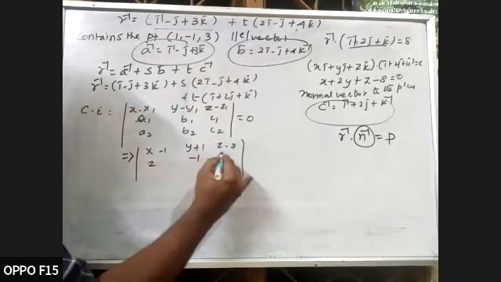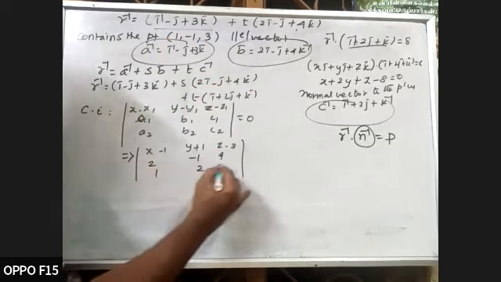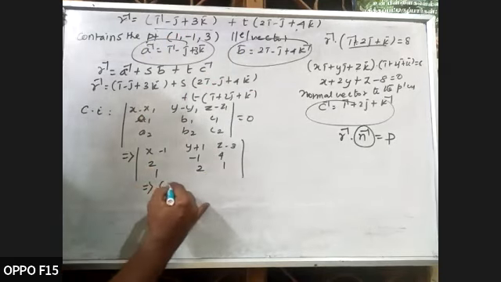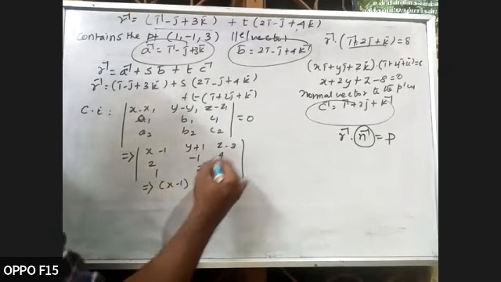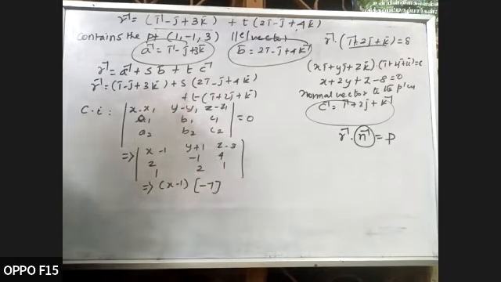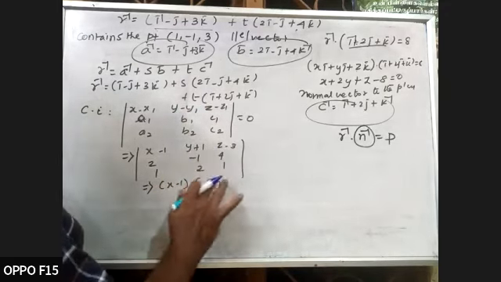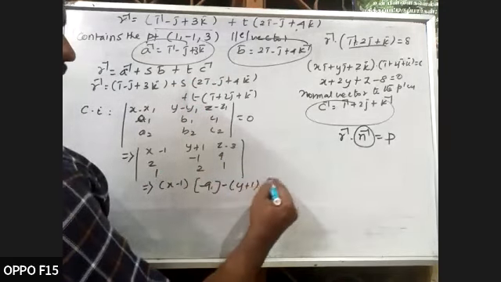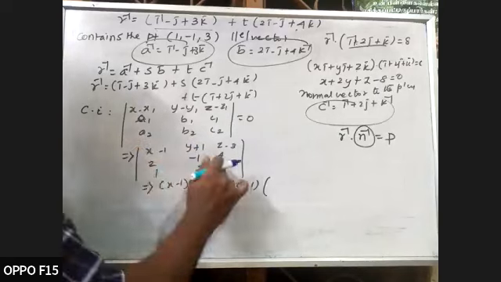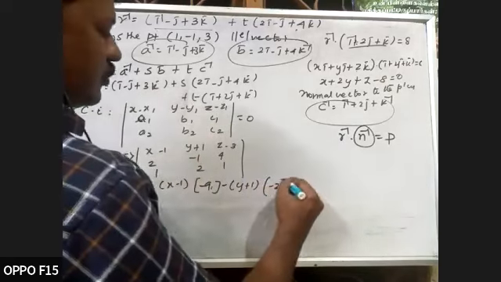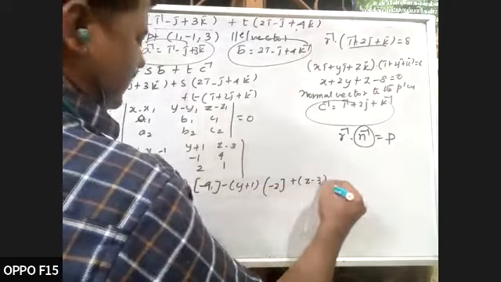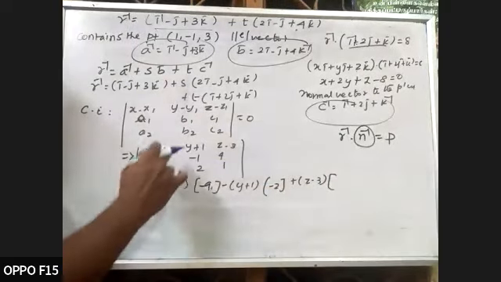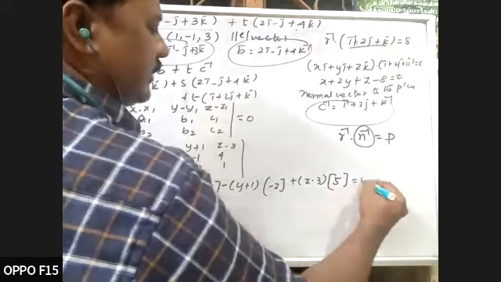2, minus 1, 4. அடுத்து s க்கு 1, 2, 1 which implies x minus 1 into minus 1 minus 8 which is equal to minus 9, minus of y plus 1, this row, 2 ones are 2, 2 minus 4 which is equal to minus 2, plus z minus 3, 2 twos are 4, 4 plus 1 which is equal to 5, which is equal to 0.